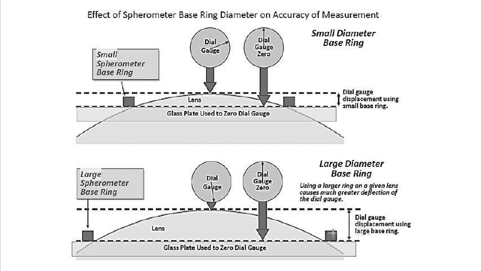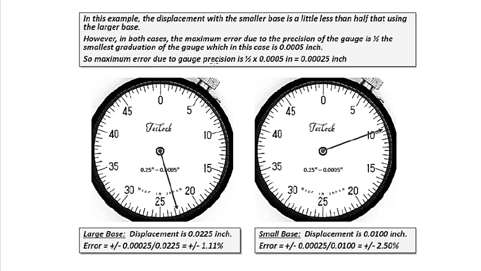The larger ring on a given lens is going to give you a greater deflection of your dial gauge, meaning you're going to have a larger displacement. When you look at the displacement with a smaller base, it's going to be less than half that using the larger base.